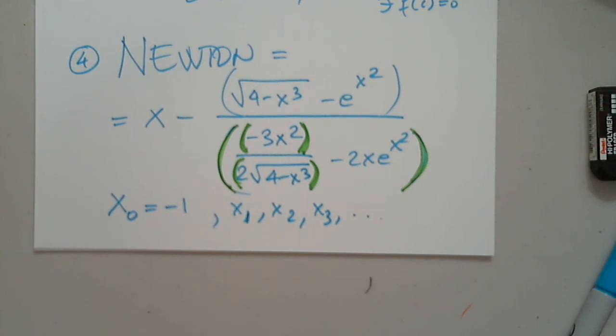Okay? Okay. Left again. Left. One more, right? So -3 x squared. Close. Divided by, open, 2 times the square root of 4 minus x cubed. Okay. I don't like not having parentheses around that under the square root, but that's me.